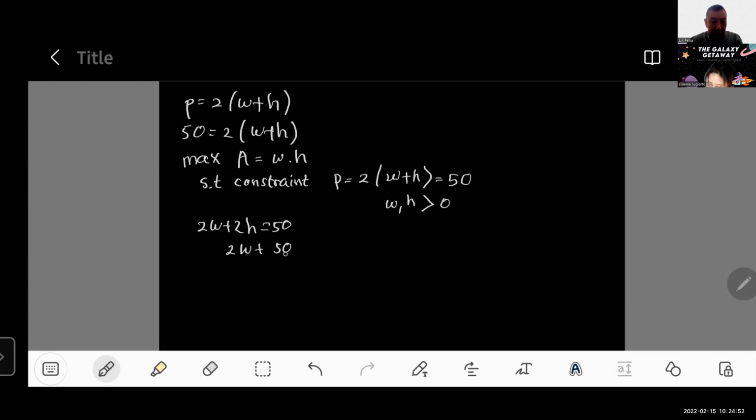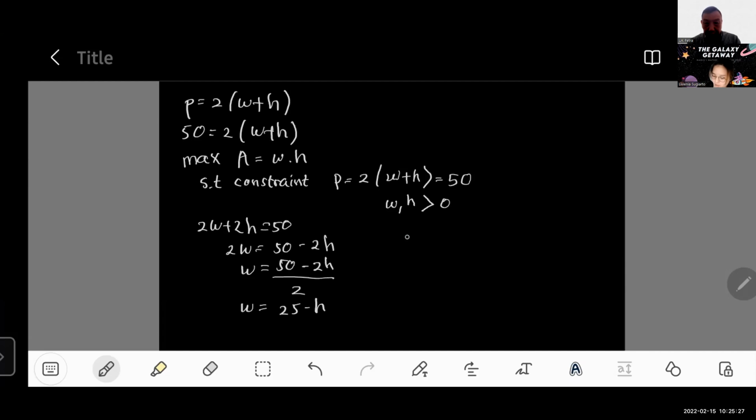W equals, so we can write it as 25 minus H. Yeah, very good.